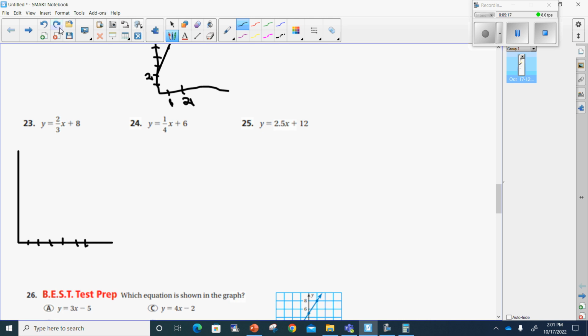Oof, that was not even. 2, 3, 4, 5, 6, 7, 8. And over here it says positive 8. So we're actually going to turn this into 16 of them.